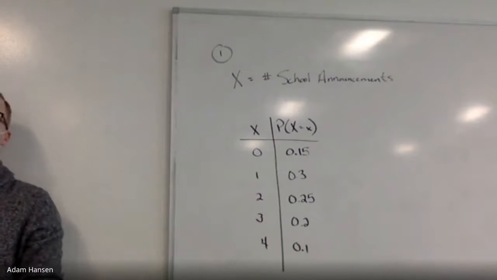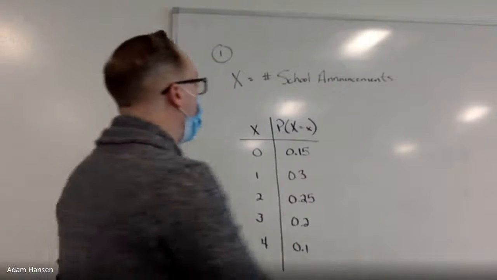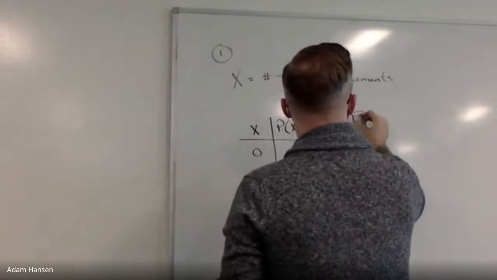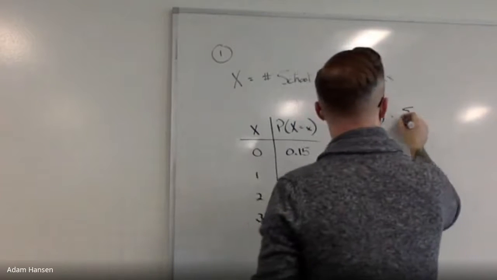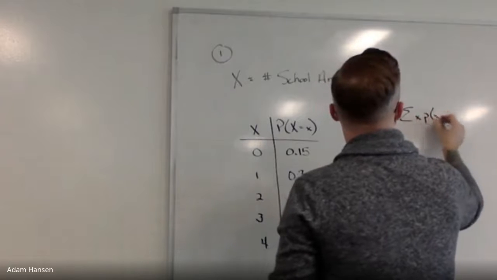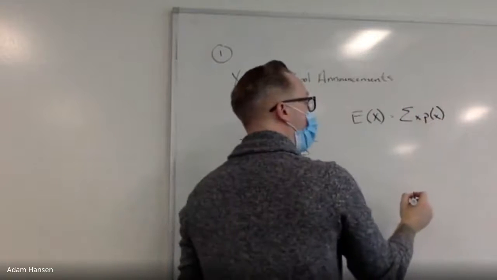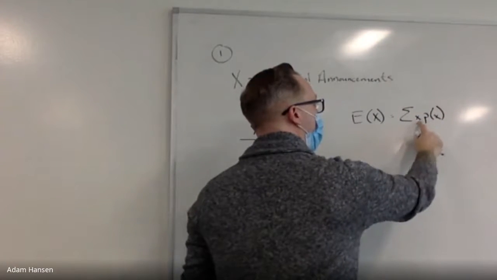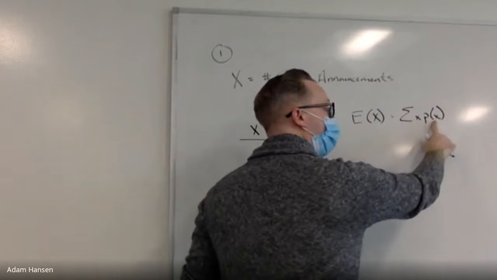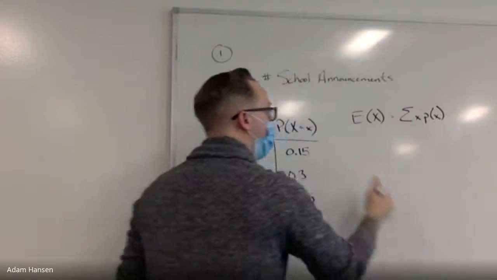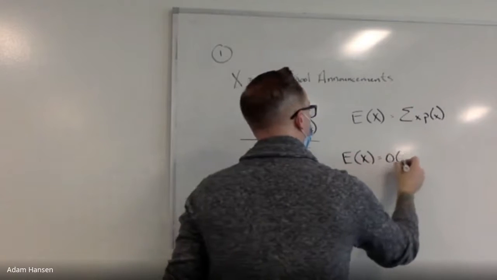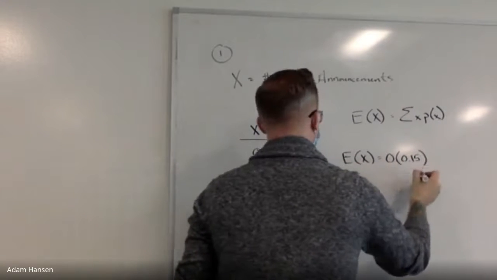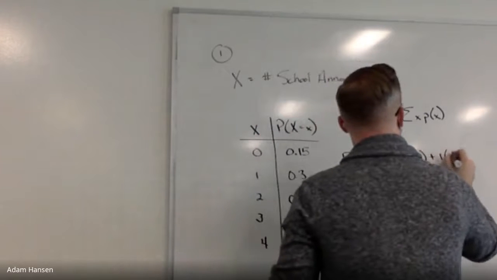What should all the probabilities add up to, obviously? 1 or 100%, right? Now, the expected or average value for the number of announcements is the summation of x times p of x. So what we're going to do is multiply each outcome times its respective probability, then add all those values up. So the expected value will be 0 times 0.15 plus 1 times 0.3.